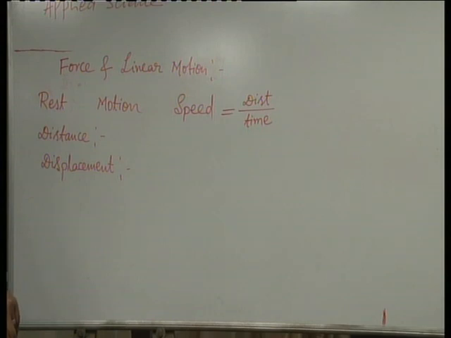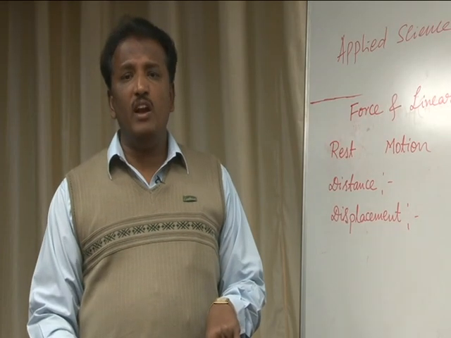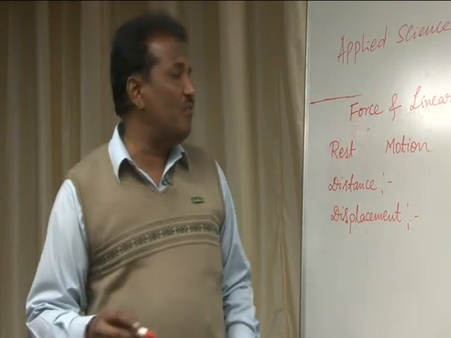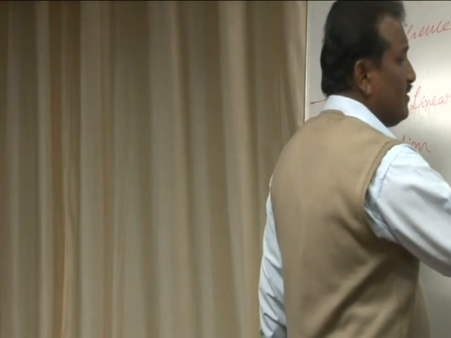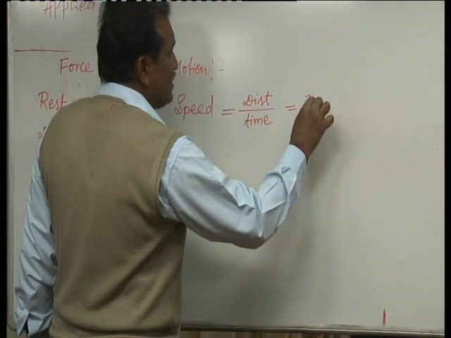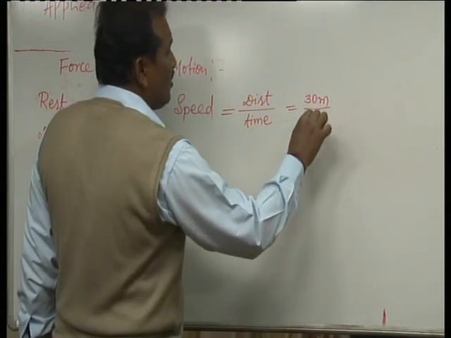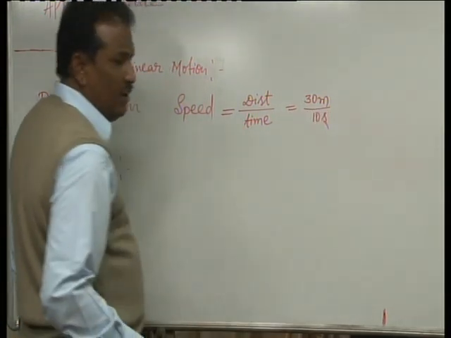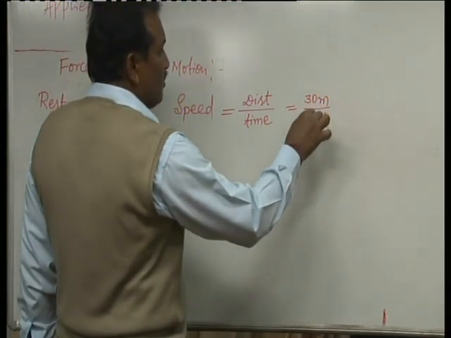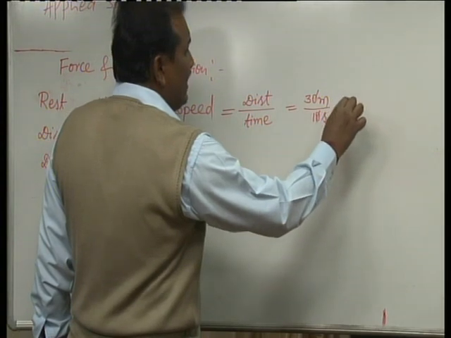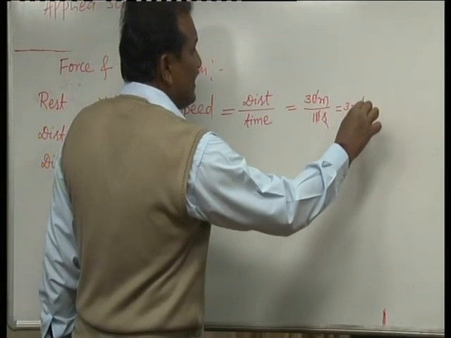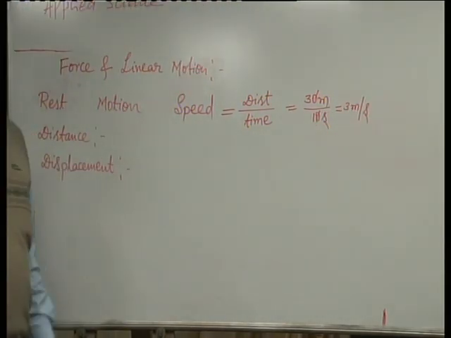Distance travelled by a body in a given time without referring to its direction, you call it the speed of that moving body. In general, suppose a body covers a distance of 30 meters in a time of about 10 seconds, then you can say 3 meters per second is the speed of that moving body.